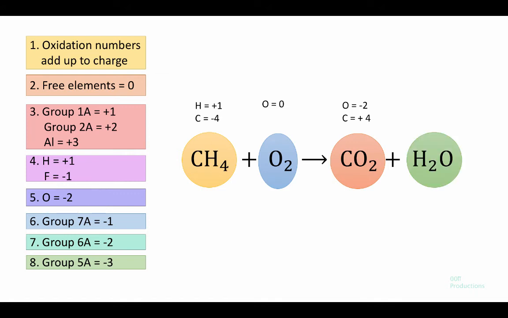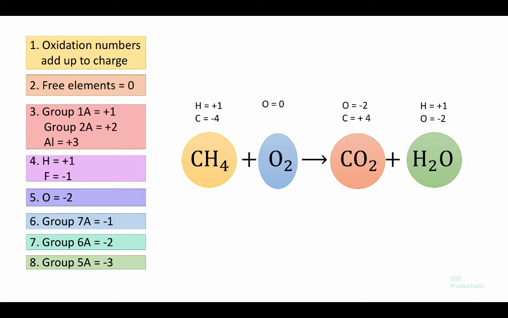The last molecule is water. Now, we have hydrogen here and we have oxygen, and we know we have rules for both. So here are 2 rules. The hydrogen rule wins. But as it turns out, oxygen is still -2 when you do the math. So here are the oxidation numbers for every atom in every molecule of this reaction.